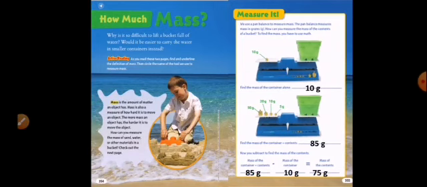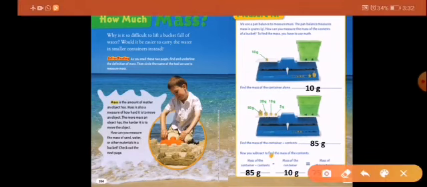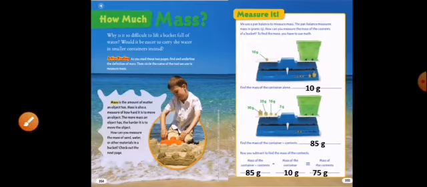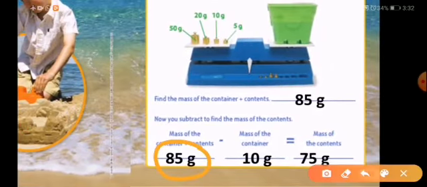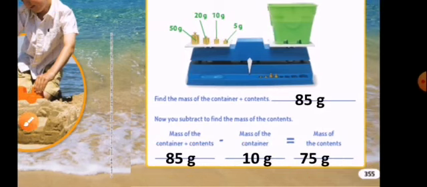We take the mass of the container when it contains the sand and water, and subtract the mass of the container when it was alone. So we find the mass of the water and other things we put inside the container.